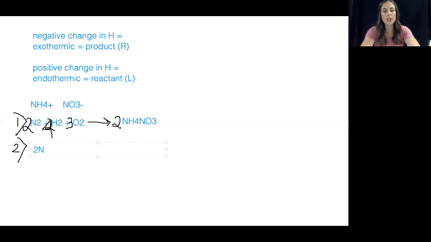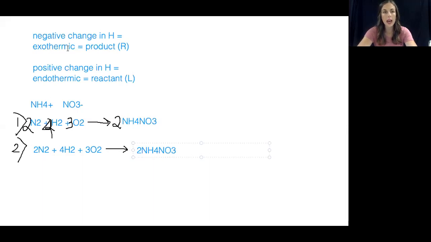So I have 2 N2 plus 4 H2 plus 3 O2, and that is forming 2 moles of ammonium nitrate, 2 NH4NO3. Okay.